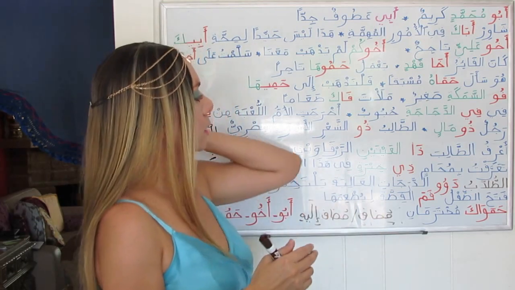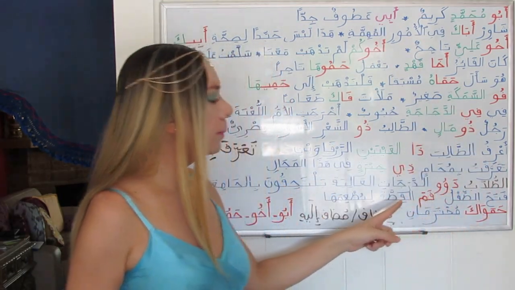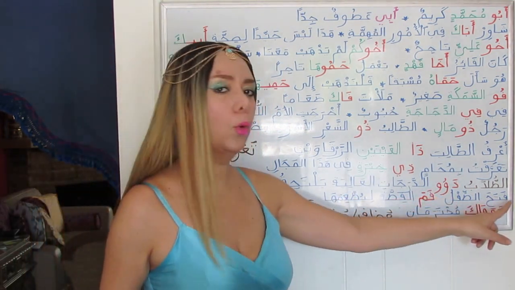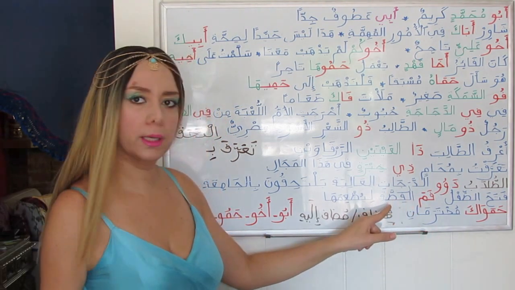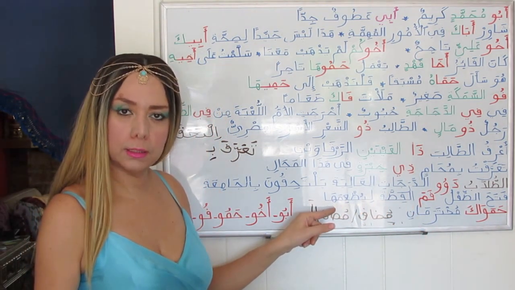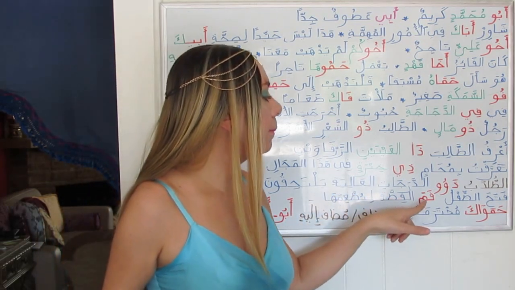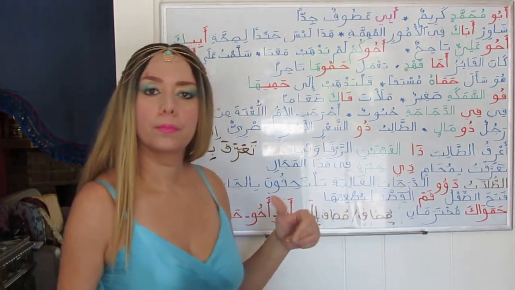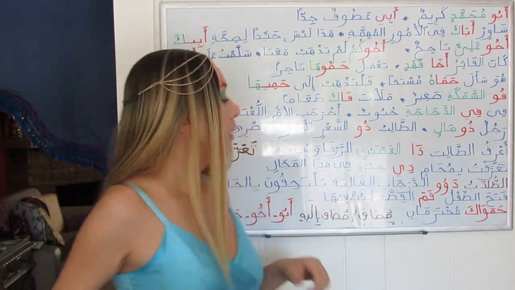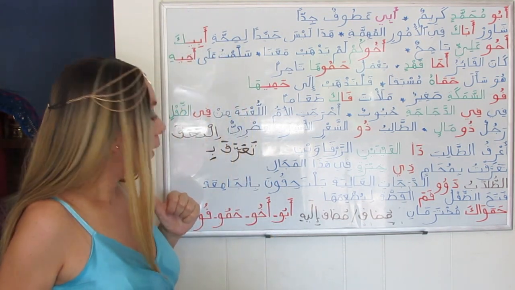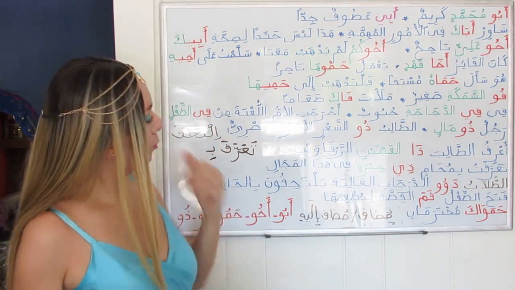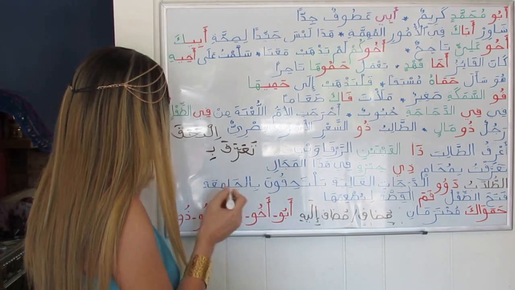Alright? فتح الطفل فم القطة ليطعمها. The child opened the mouth of the cat to feed it. So here, fam, is fam one of the 5 nouns? No. So we have to use fa القطة.